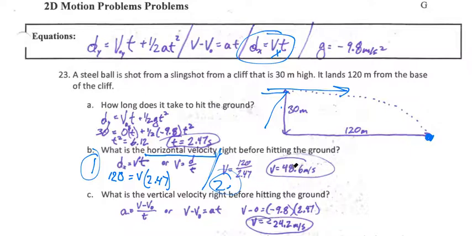And I know that this 48.6 meters per second, that's not only the velocity in the horizontal direction right before hitting my final target, it's also my velocity in the horizontal direction everywhere along the path of this projectile. Because again, nothing is pulling it back in the horizontal direction or pushing it forward after it's initially been thrust forward. In the horizontal direction, whatever the velocity is to begin with, that is the velocity throughout the trip.